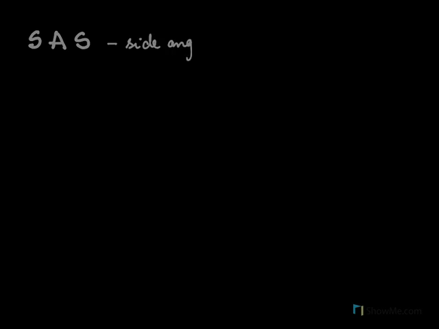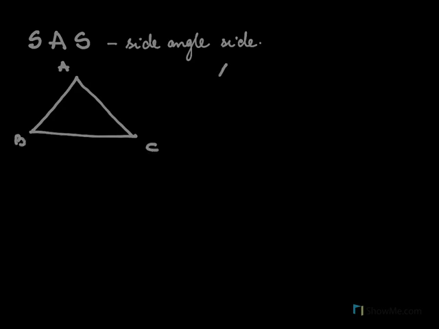Side angle side test. Which means if I have a triangle here like this, ABC, and I have another triangle here, say PQR, I have to show 2 sides and 1 angle. That means this side equal to this side.